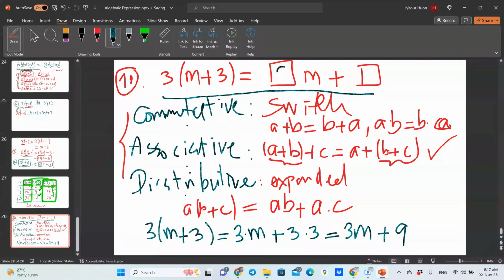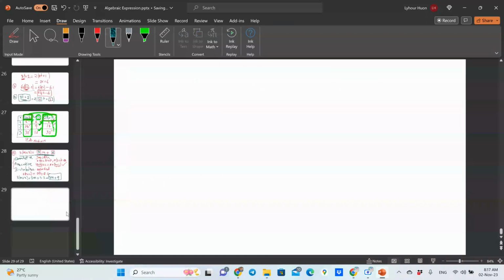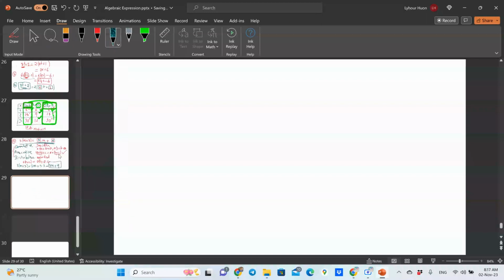The result is 3m plus 9, so 3 here and 9 here. Okay, number 11 finished.